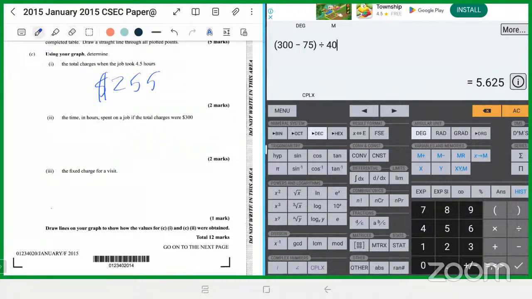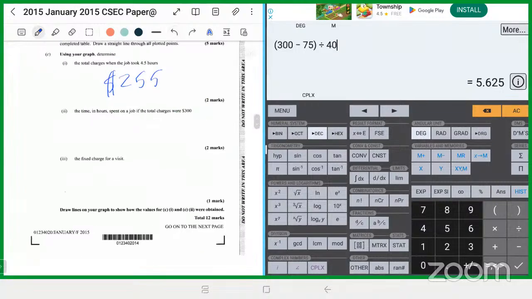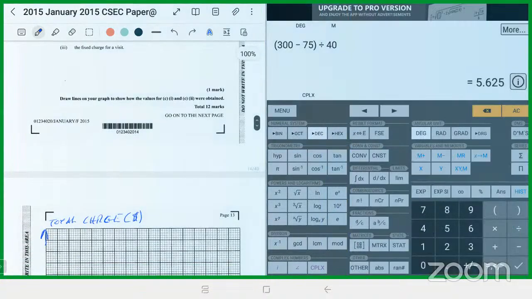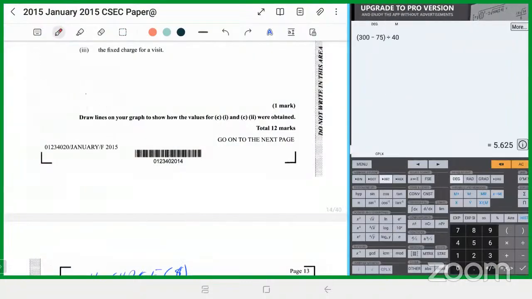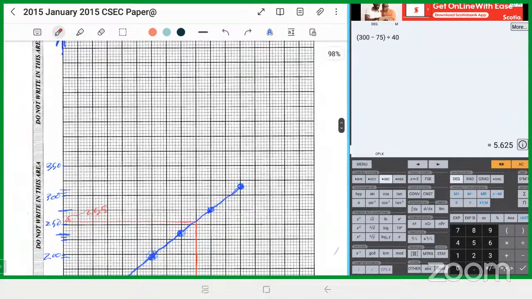We're going to come on the graph at 300 on the y-axis and read it down to see what you get. So we find 300 on the axis, which is right here.